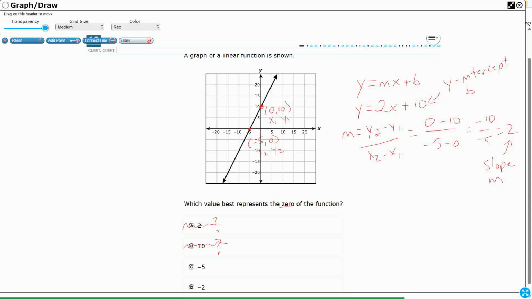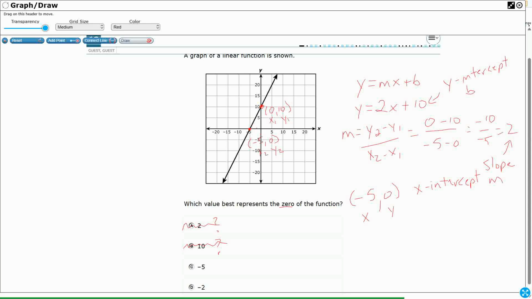So at -5, 0, we do have an x-intercept. Notice how it's -5, 0. The y value is 0. So I wonder if anything is happening with that.